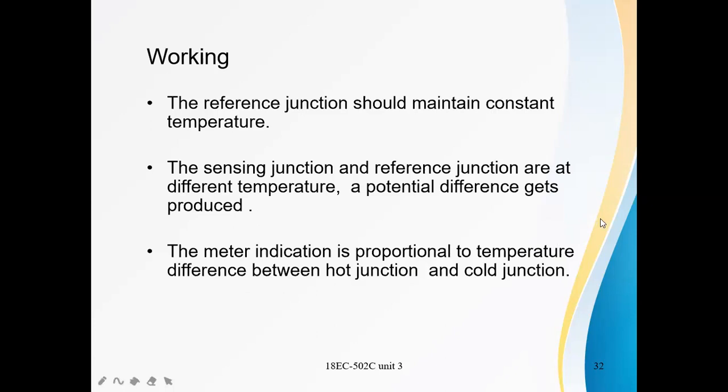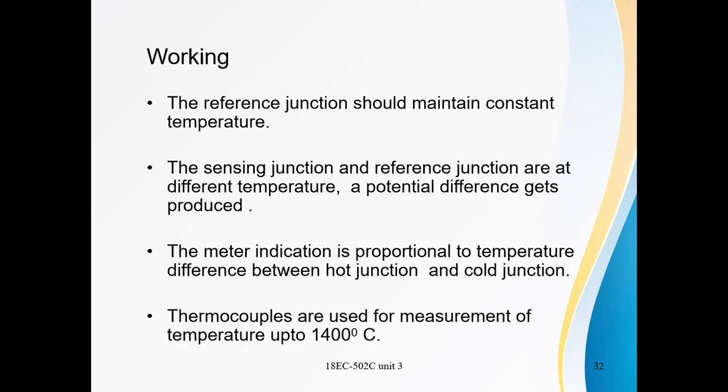At the other ends of the two metals there is a meter. The meter indication is proportional to the temperature difference between the hot junction and the cold junction. This is the working principle of the thermocouple.